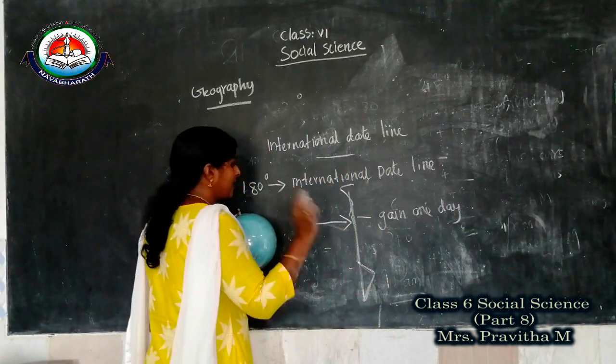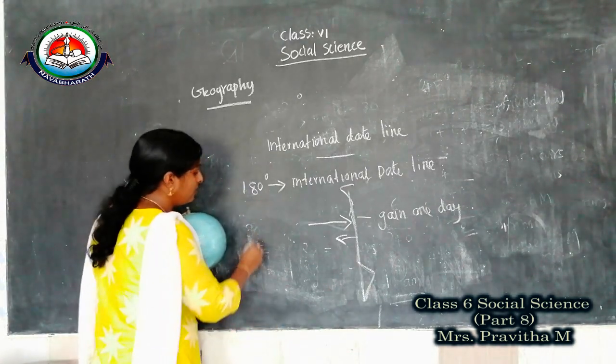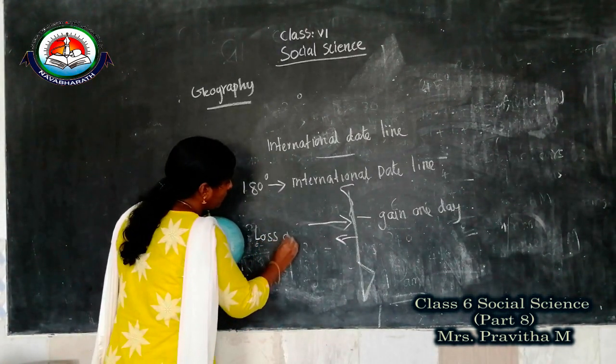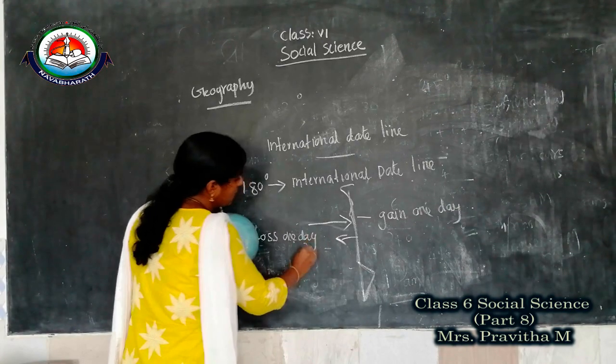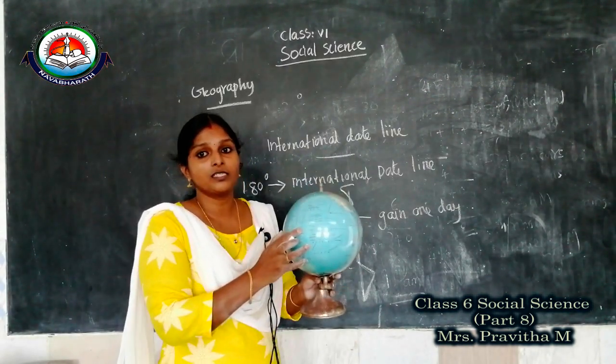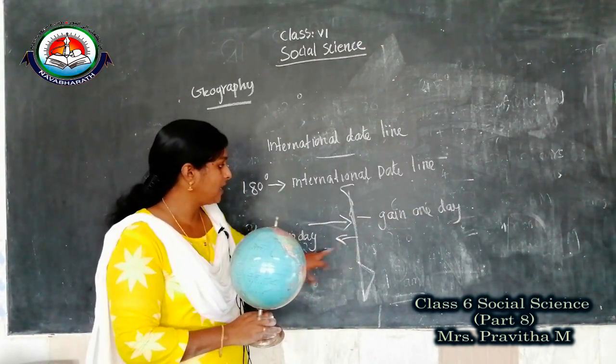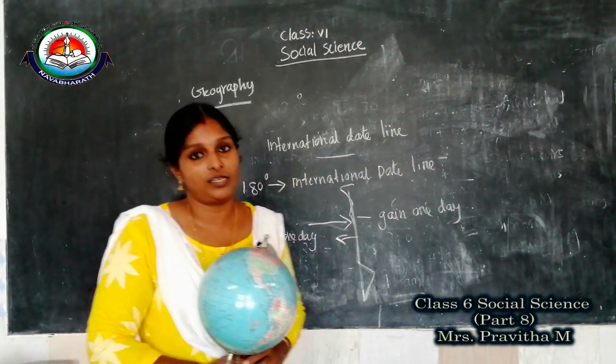If I decided I will go to the western side, then what will happen? I will lose 1 day. So this only, children. Between the eastern and western side of the international dateline, there will be a 1 day difference.